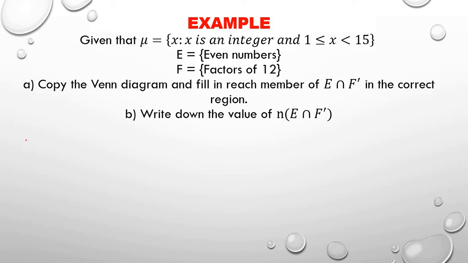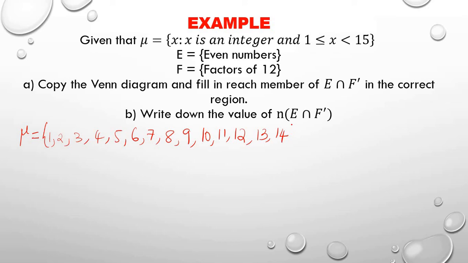Let's list out the elements, starting with the universal set: 1, 2, 3, 4, 5, 6, 7, 8, 9, 10, 11, 12, 13, and 14. 15 is not there because it's strictly less than 15.